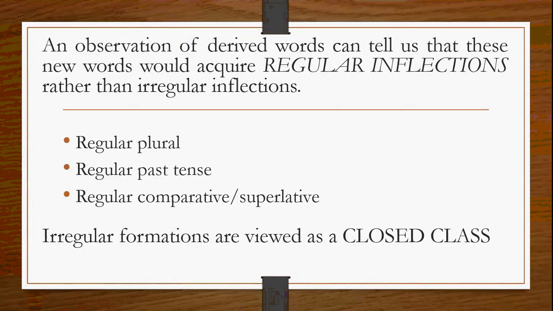When you derive a new word, normally that word is never going to have suppletion or internal changes or zero morpheme. Normally, those new words are going to be regular words because irregular formations are normally closed class.